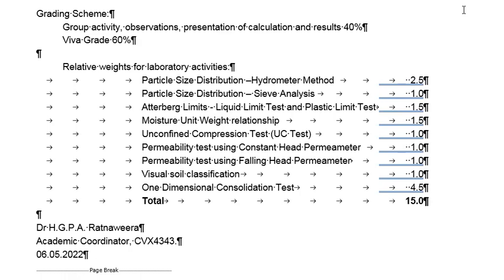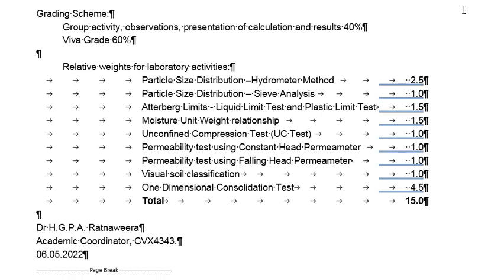We will start with the sieve analysis, then the hydrometer method, then Atterberg limits, liquid and plastic limit tests, moisture unit weight relationship, unconfined compression test, permeability test using constant head, permeability test using falling head, visual soil classification, and the one-dimensional consolidation test.